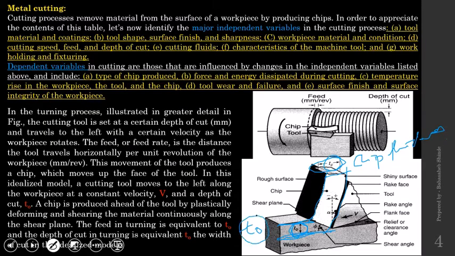So T0 is uncut chip thickness and TC is chip thickness. Remember those two parameters. We are going to frequently use those two things.